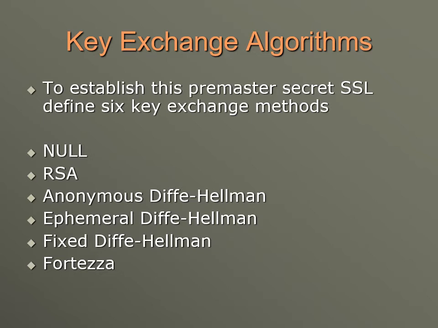As we have already discussed the Diffie-Hellman protocol, the most serious disadvantage of it is the man-in-the-middle attack, which is possible in anonymous Diffie-Hellman. Then another method is ephemeral Diffie-Hellman. To overcome the man-in-the-middle attack, the ephemeral Diffie-Hellman key exchange protocol can be used.